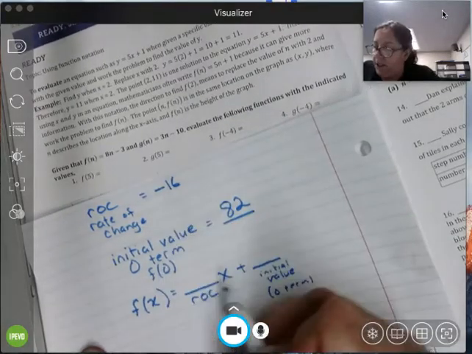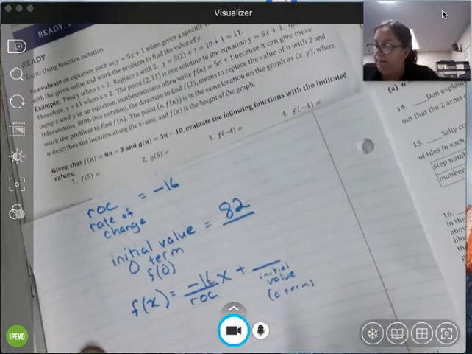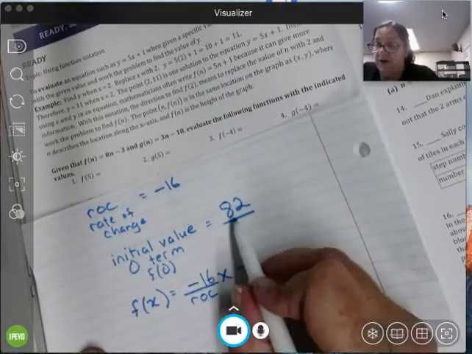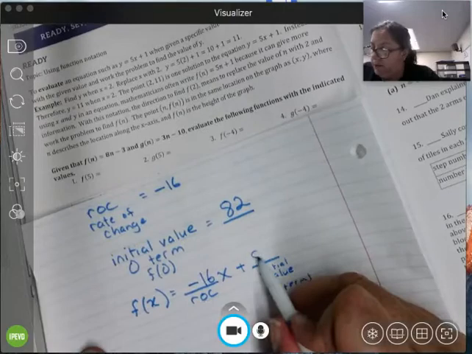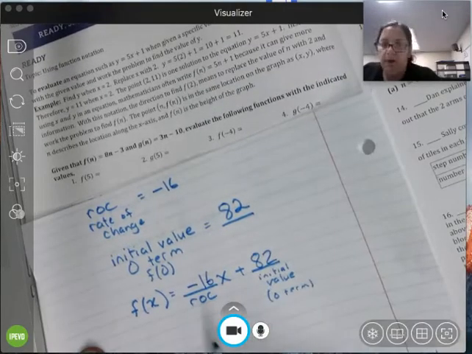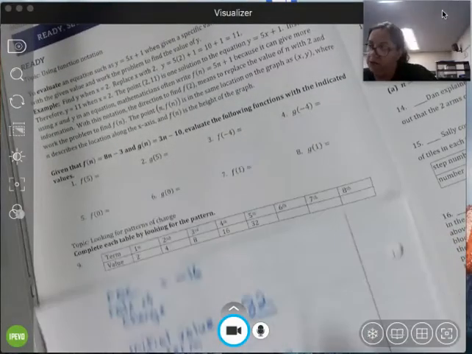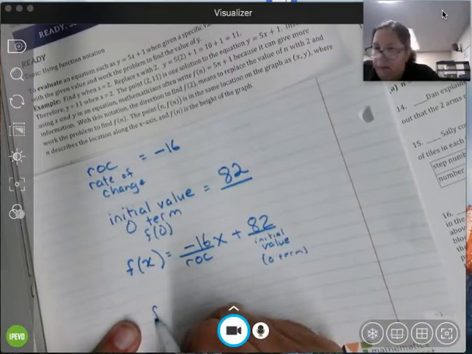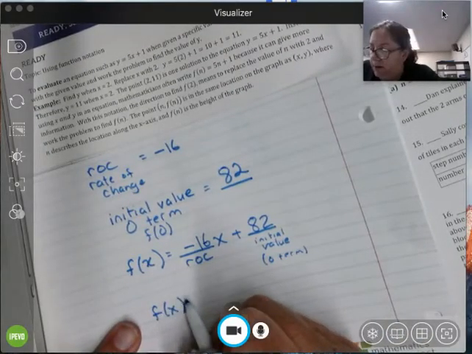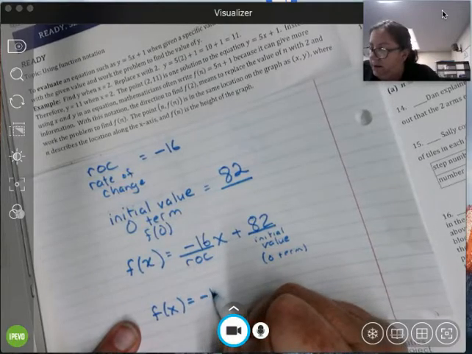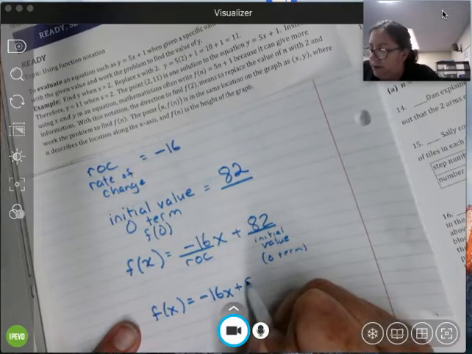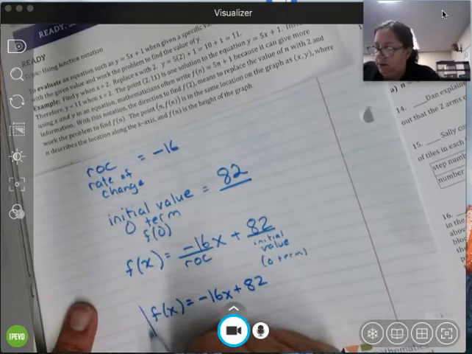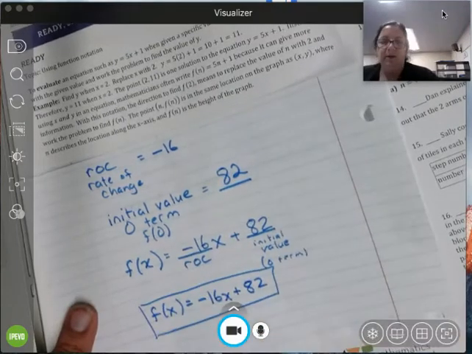Well, we have our rate of change, negative 16. We have our initial value, 82. So our equation that goes with number 10 is f of x equals negative 16x plus 82. That's our equation.